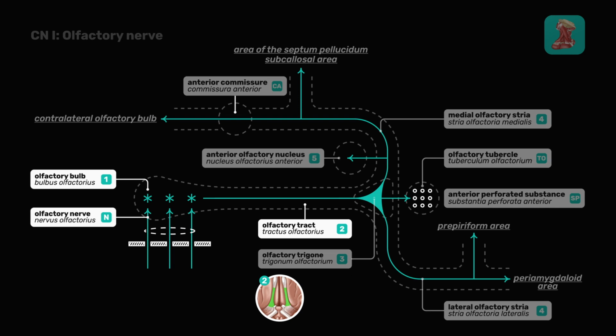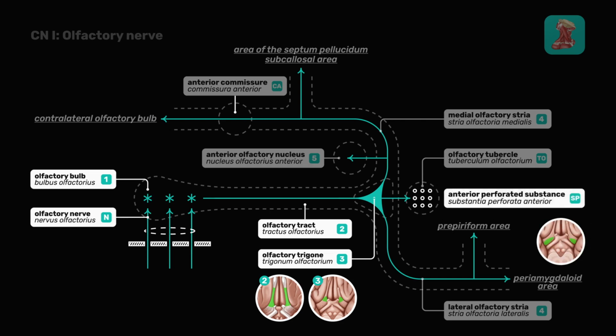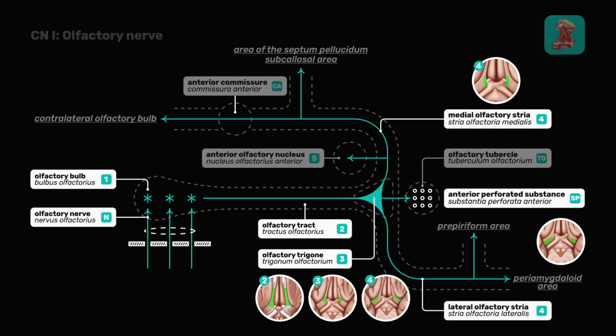Part of the fibers of the olfactory tract ends up in the olfactory trigone, located anteriorly to the anterior perforated substance. Two other parts branch off from the trigone in the form of the medial olfactory stria and the lateral olfactory stria. The medial olfactory stria is formed by two bundles of fibers.